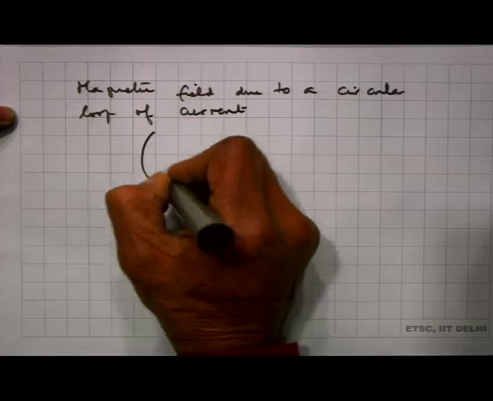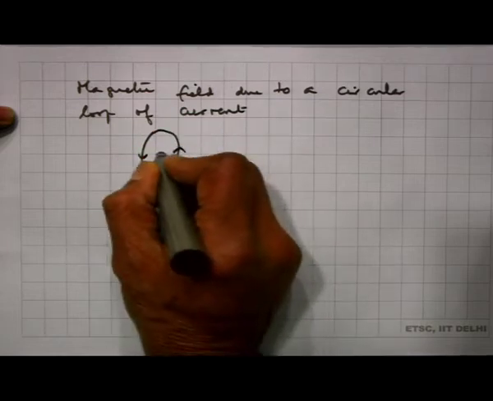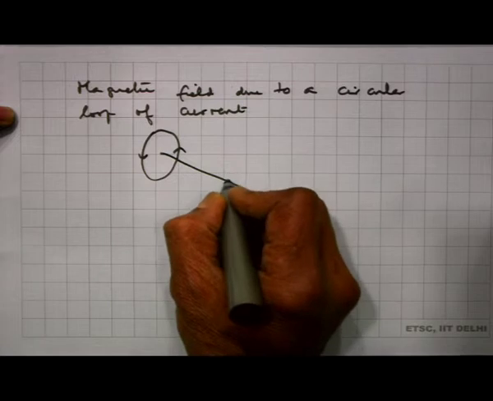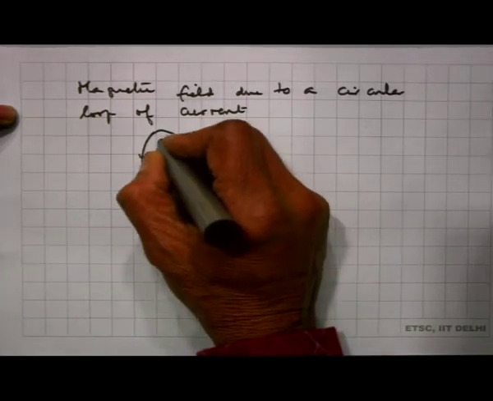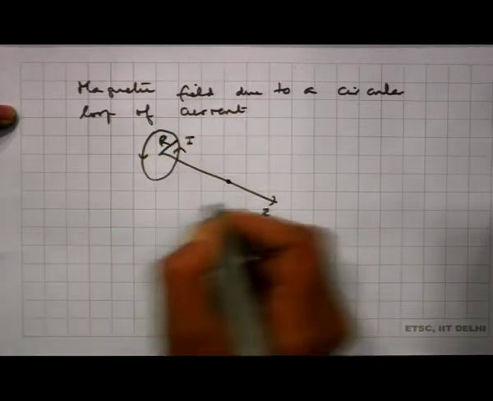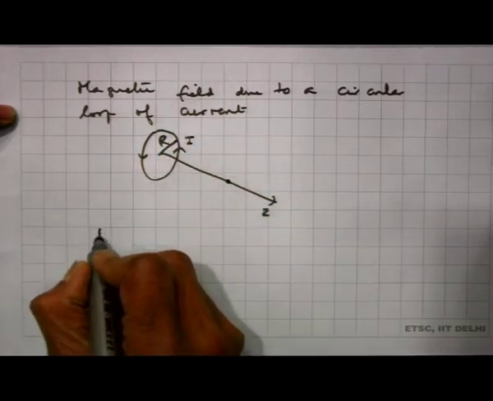Remember, we had done this example. There is a current I flowing through this. This is a coil of radius r.